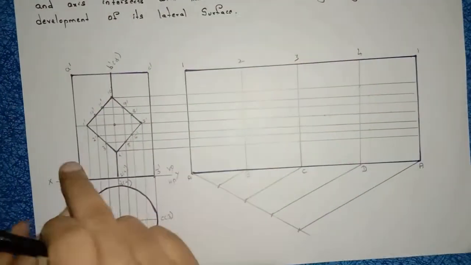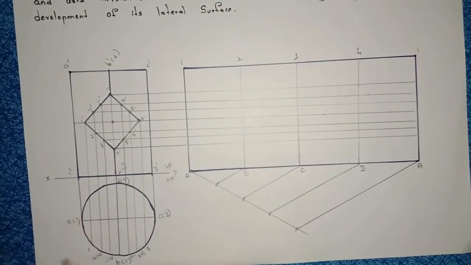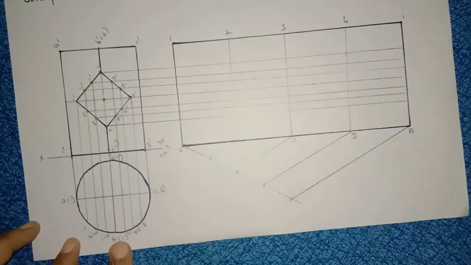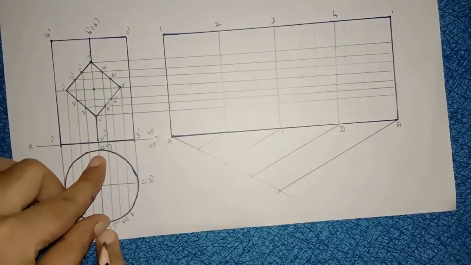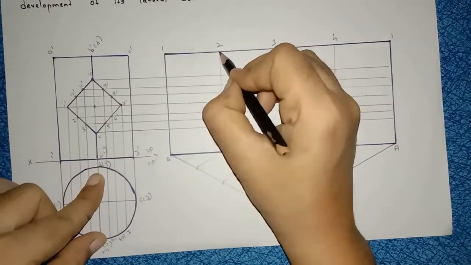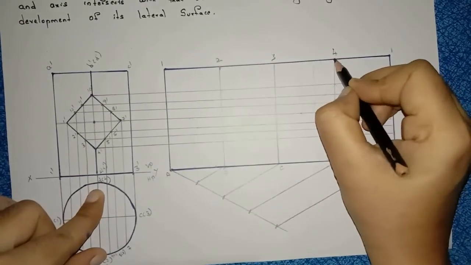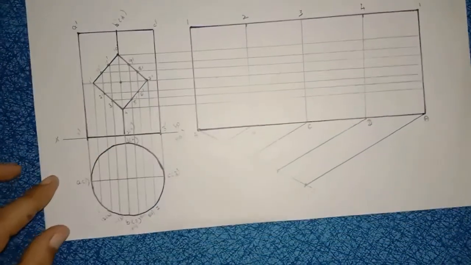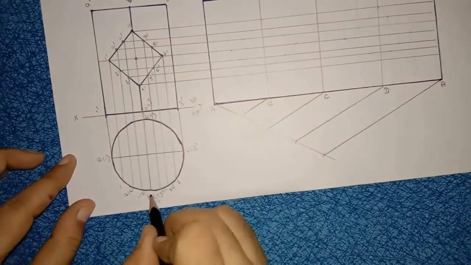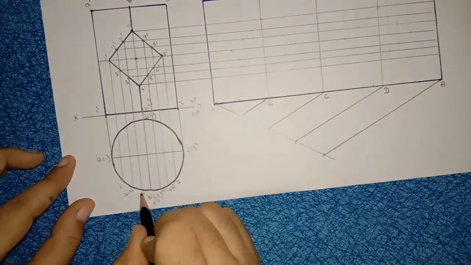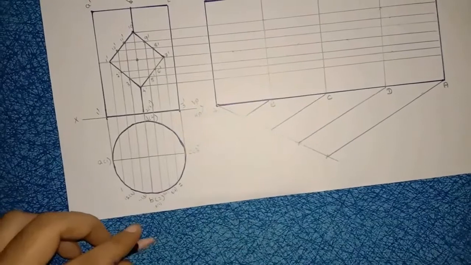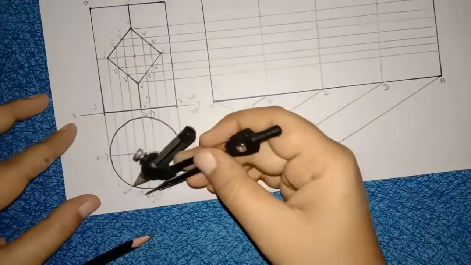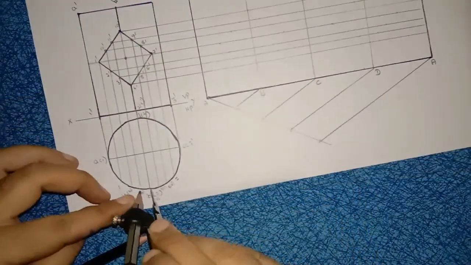Right, now you are going to construct this square hole here. Now see here, B of 2, D of 4 is the midpoint line. Now what we have to do, from B of 2 to 11 of 3, take this distance with compass.